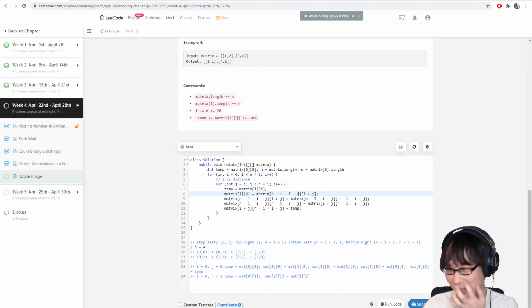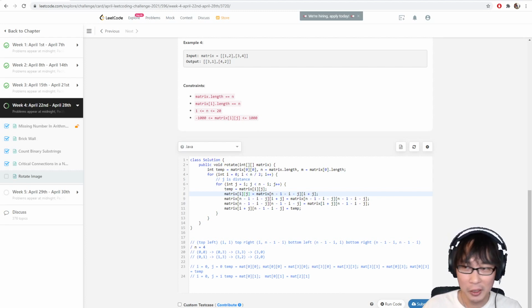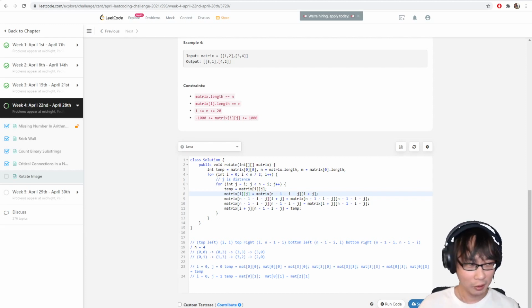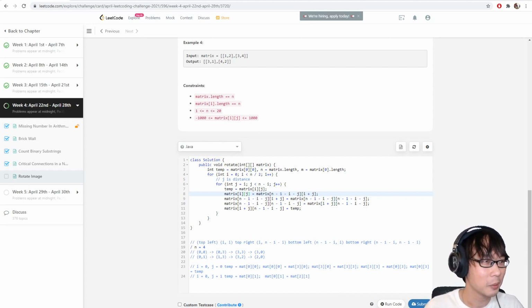Maybe, yeah, I don't have good internet speed. I guess it's still lagging. Let me try. Yeah, I don't have really good internet speed.